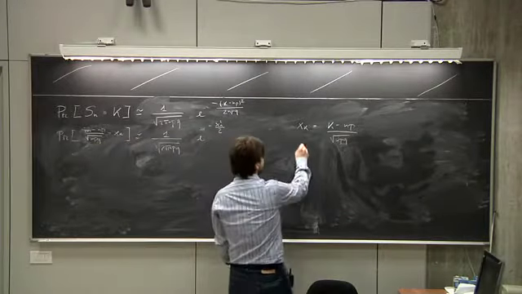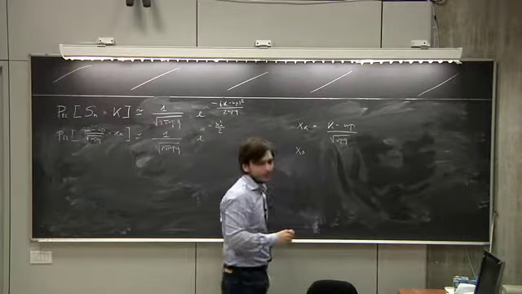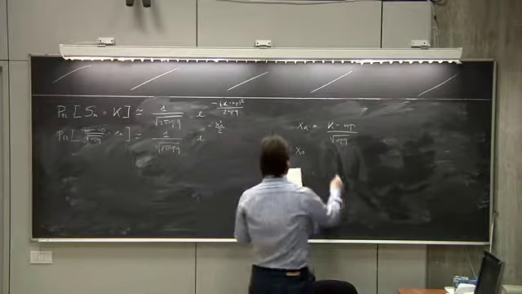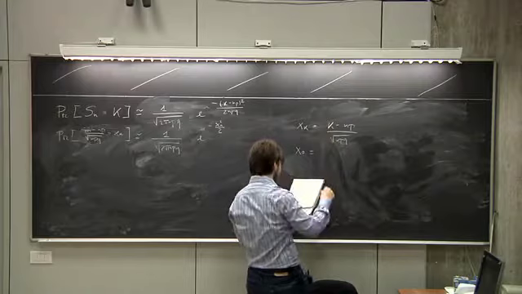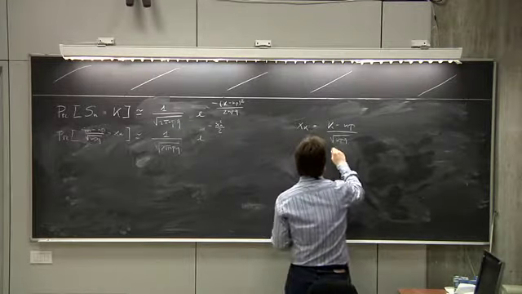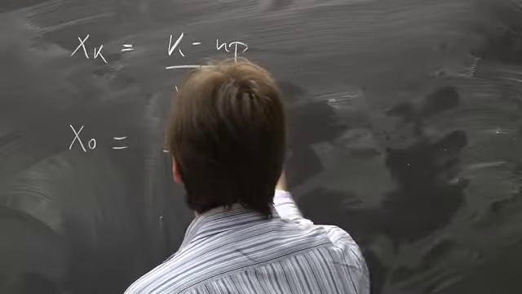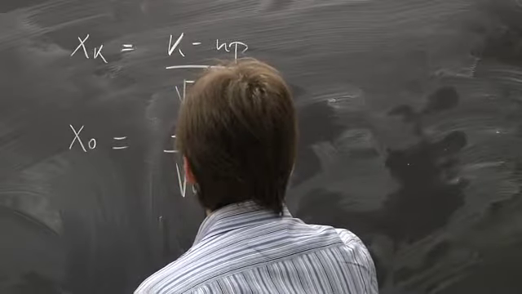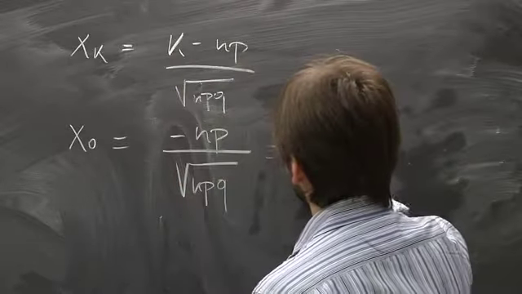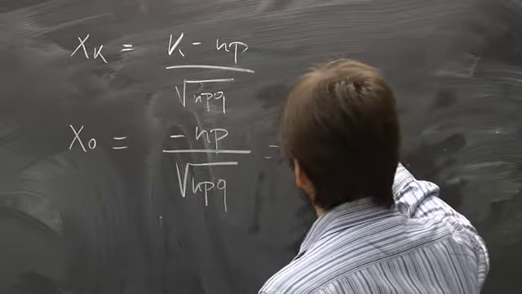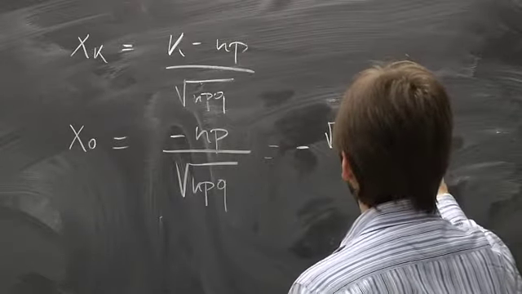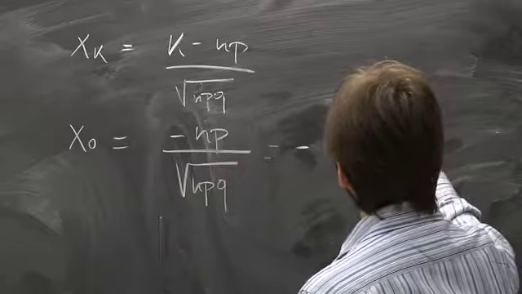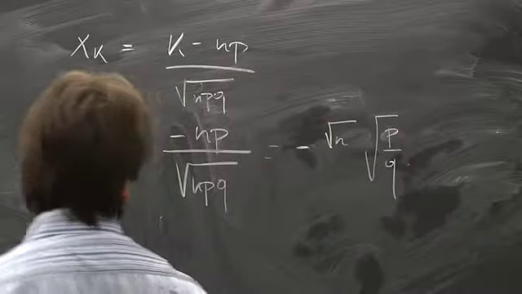So if you calculate now the end point of the distribution, just replace k with 0, so what you get is minus mp over square root of mpq.